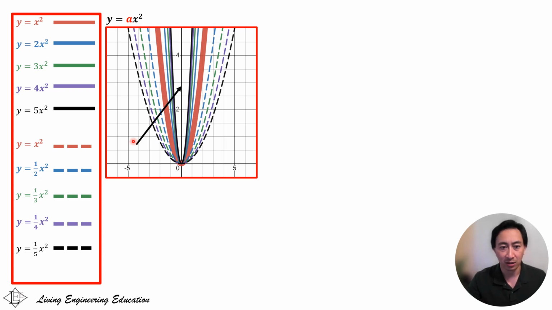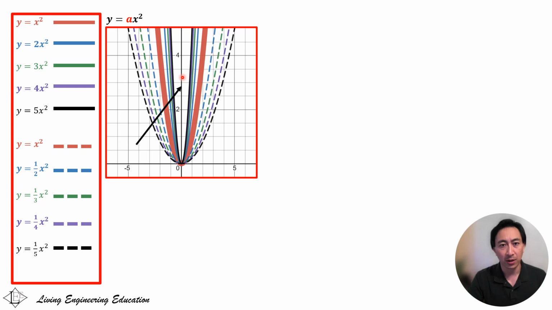Here, a is increasingly going from a fifth to 1x squared to 5x squared. So if you want to make it a tighter curve or a wider curve, we can change our a constant to accomplish this.